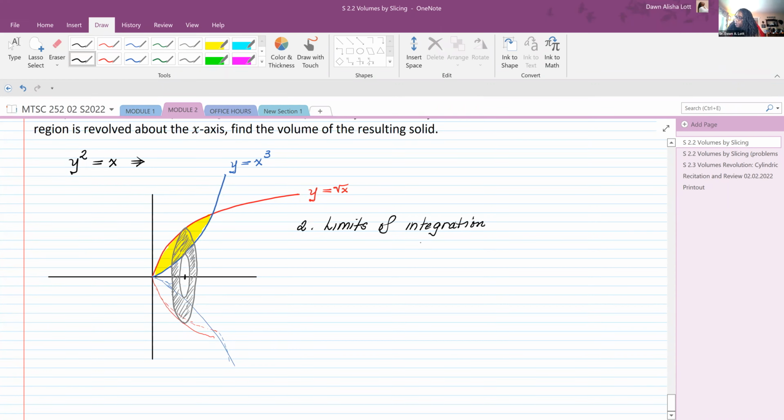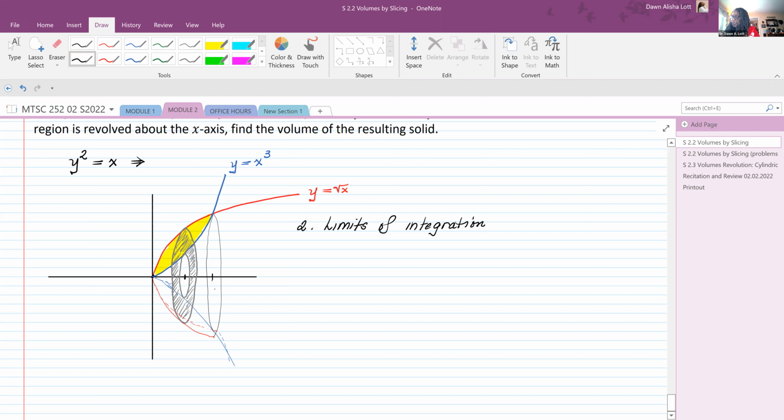So my limits of integration, I already see that it's going to start at 0 because it's right here at the origin, but I don't know how far out this thing can move. I do know it can move out as far as up to here. But I need to know what that value is, and I don't know right now.